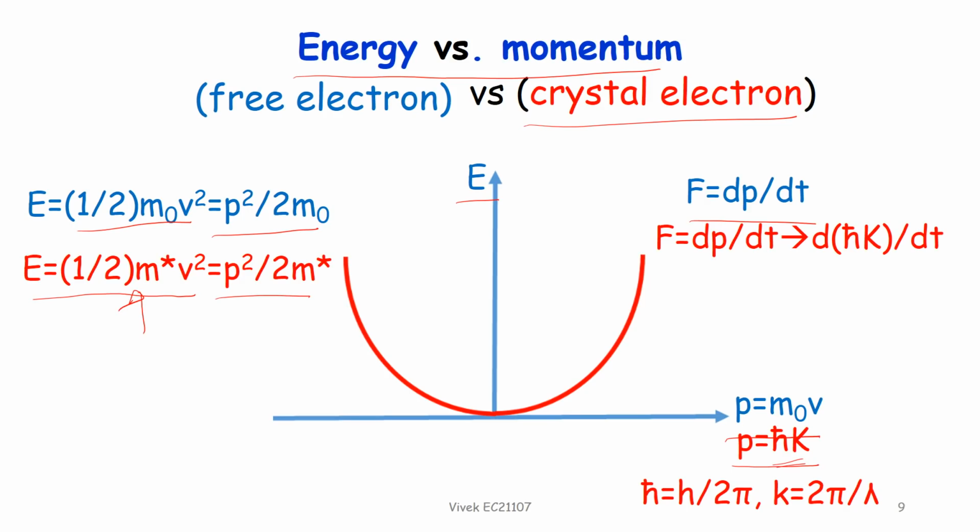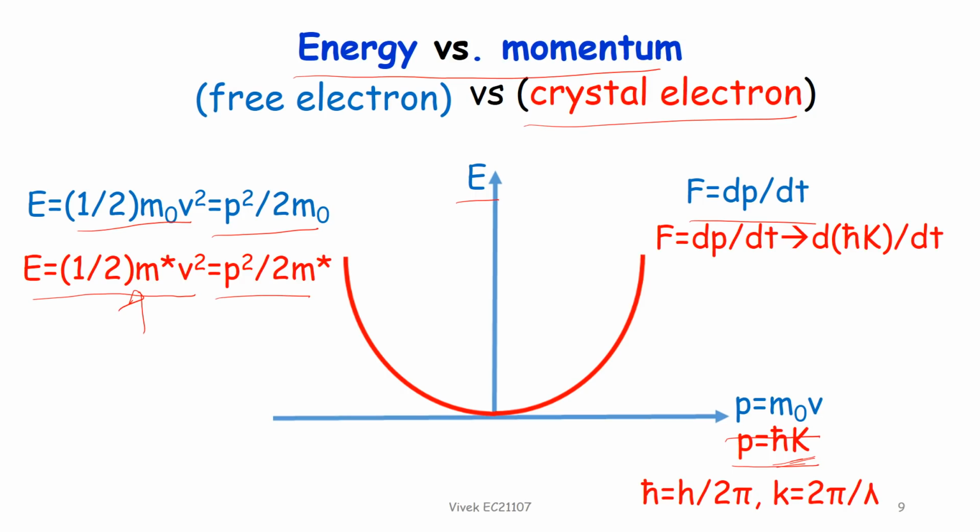Here h bar is the reduced Planck constant and k is the wave vector. Because the electron shows dual characters, particle nature as well as wave nature, due to wave nature it will show certain wave-like behavior.